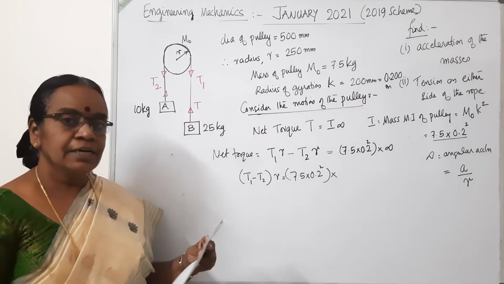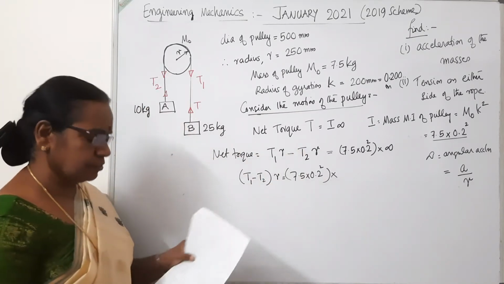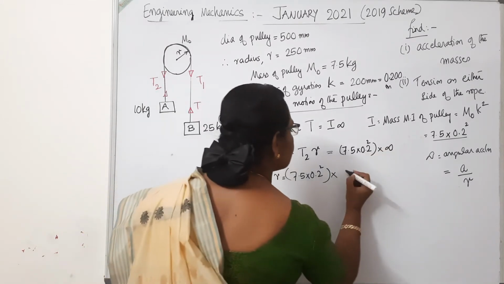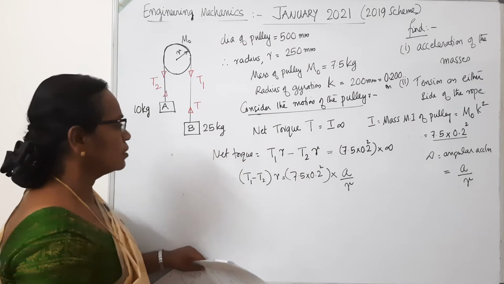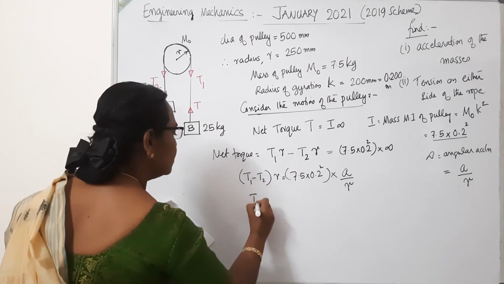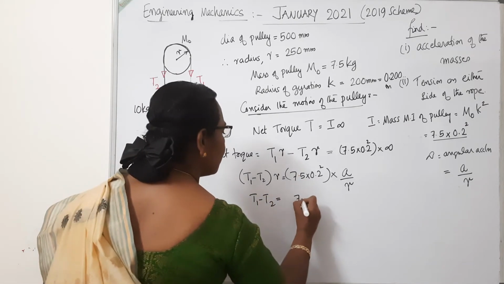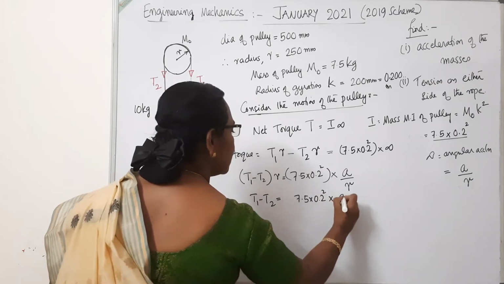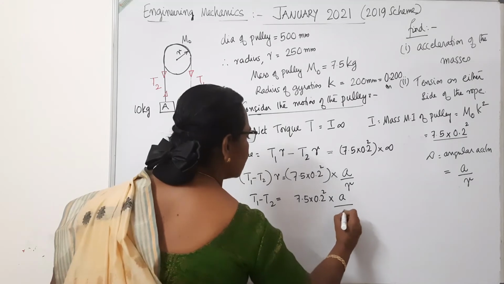If A is the linear acceleration of these masses, alpha is A divided by R. So instead of alpha, we substitute A by R. So I get the expression T1 minus T2 is equal to 7.5 into 0.2 squared into A divided by R squared, since R also comes to the denominator.